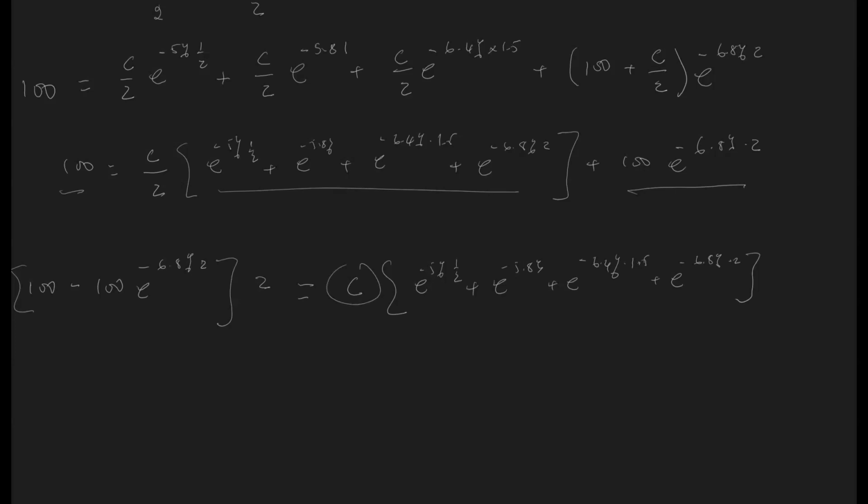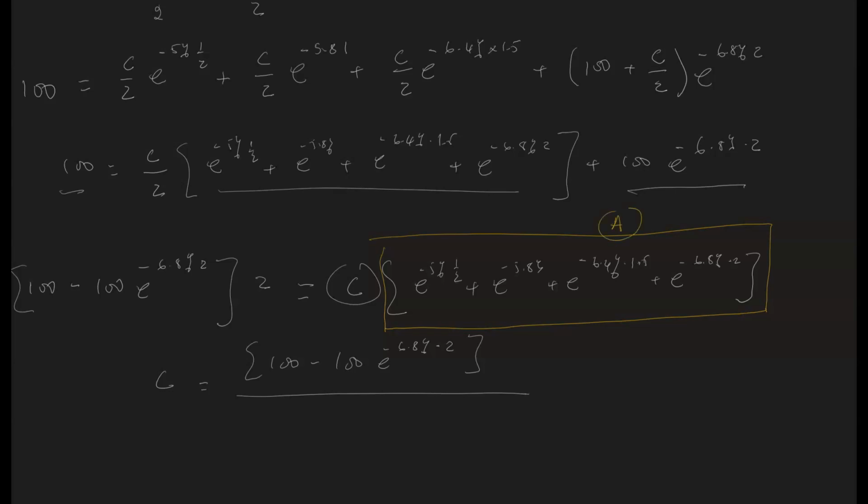And so c can be found using the ratio of those two. It's going to be 100 minus 100 e^(−6.8% × 2) divided by the sum of those exponentials. Let's call this whole term here a. If this whole term is a, we're going to divide that by a.